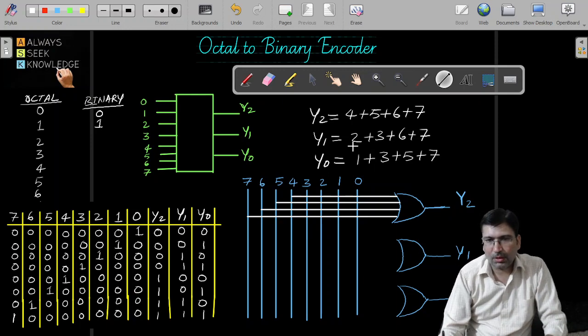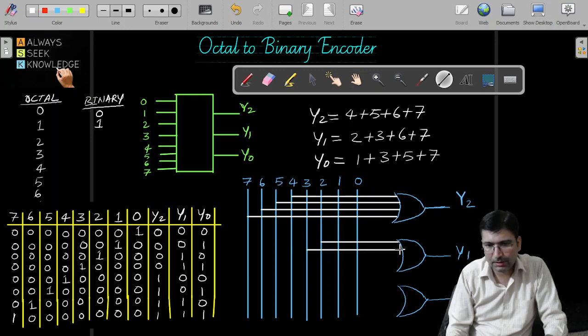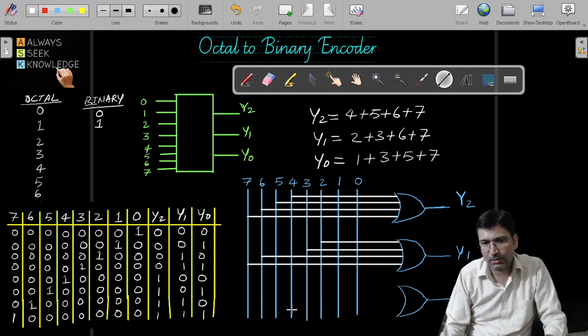Similarly, y1 has 2 3 6 7, so we connect 2. 2 is this line, the second number. Then 3 is here, so 3. Then 6 is here, so 6. And then 7 is here, so 7. We can connect like this, and this will give us y1.